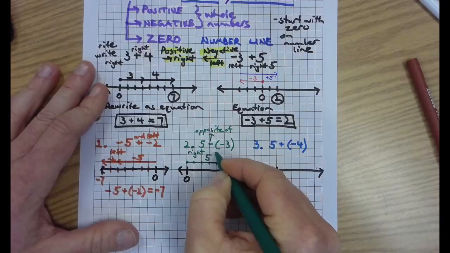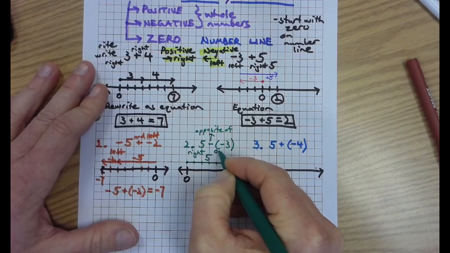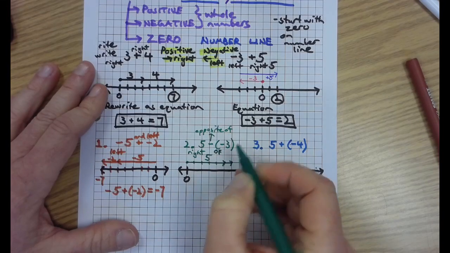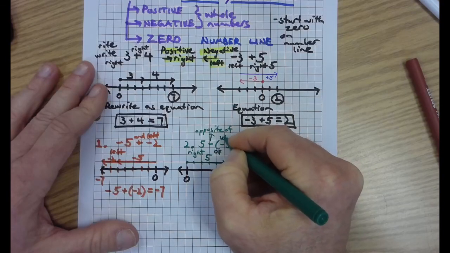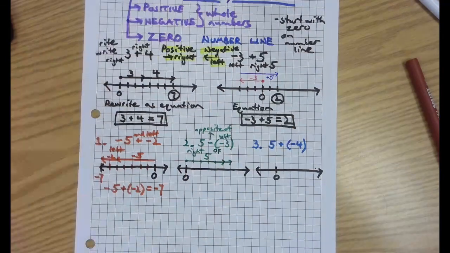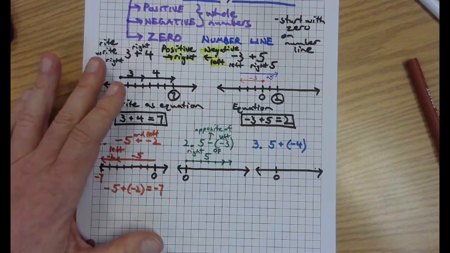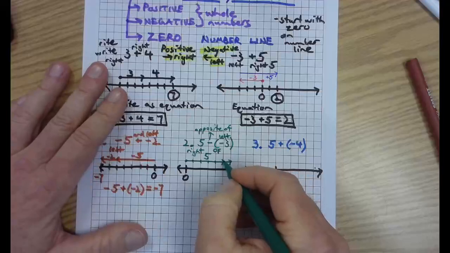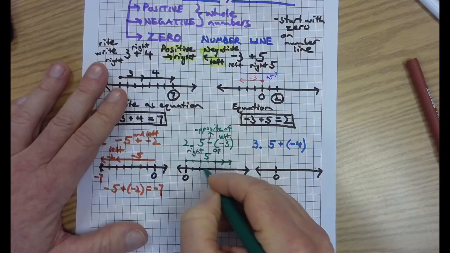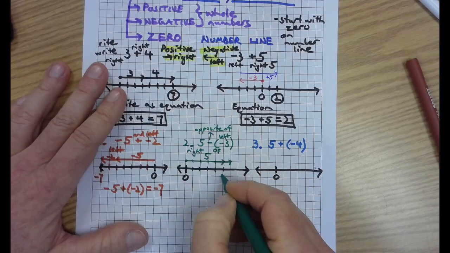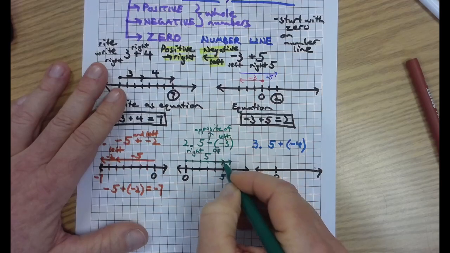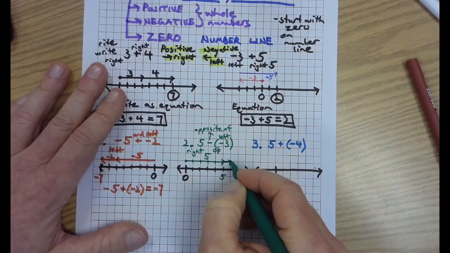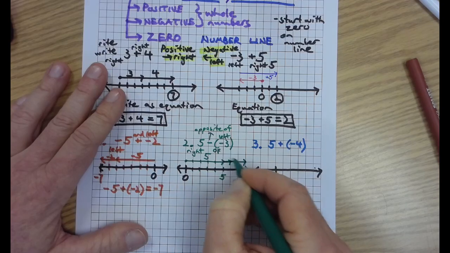And the opposite, here's the word of, this is also important, these little words. Opposite of left 3. What's the opposite of left? Right. So I'm going to go from right 5, then I'm going to go the opposite of left 3, which means I'm going right 3 more.